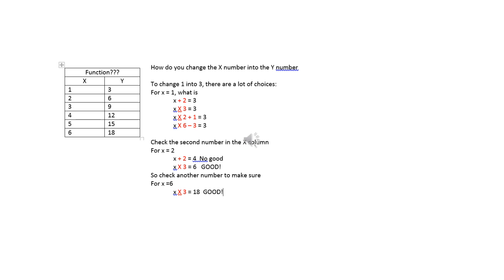So what I've done here is I've taken the 6, input is 6, and I got 6 times 3 equals 18. That's also good. So now we know that the formula times 3 will work with 1, it'll work with 2, and it'll work with 6. So it's probably worth being lazy and saying that's going to be my answer.